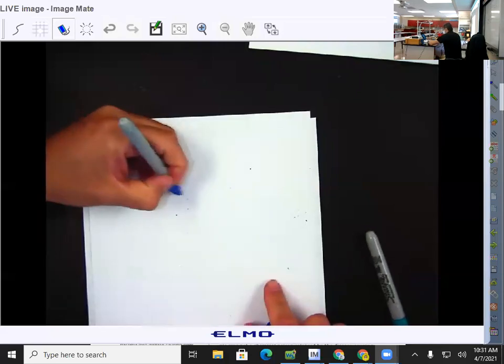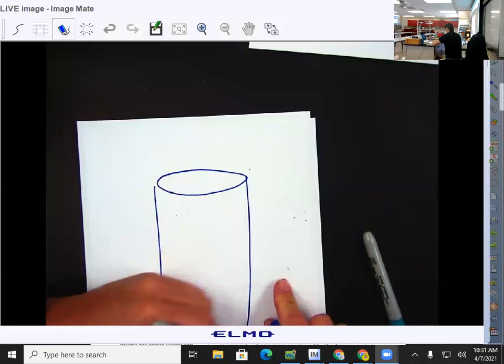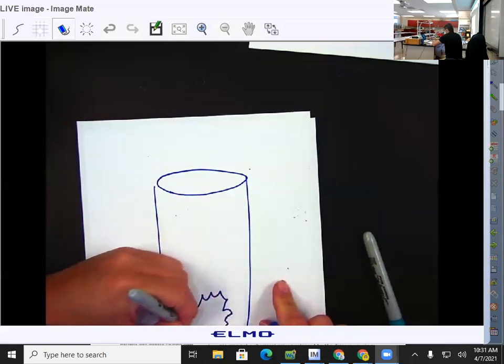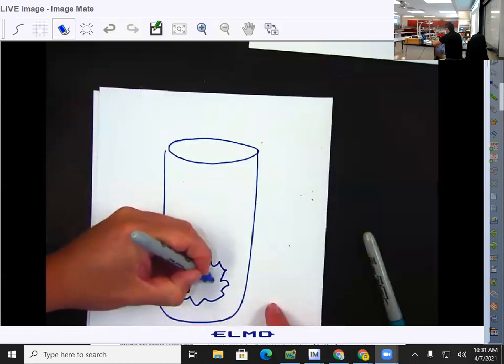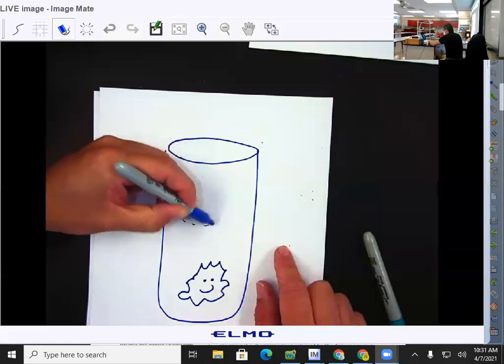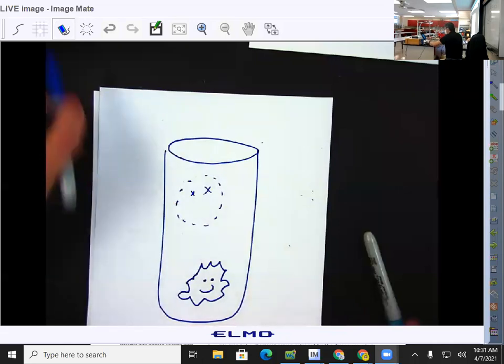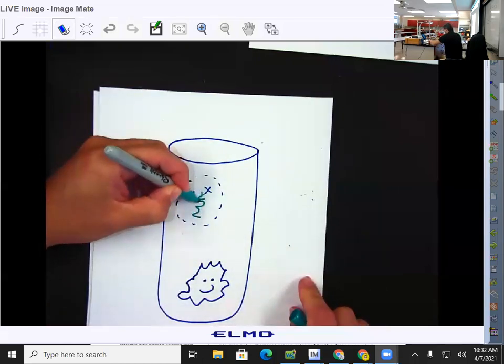Remember, here's the beaker. Here's the rough guy right here. And remember that dead bacteria, he's basically dead and he broke apart and he has his DNA in here.